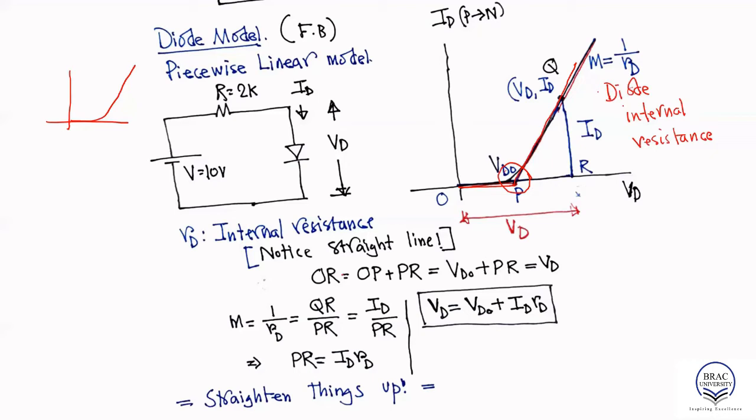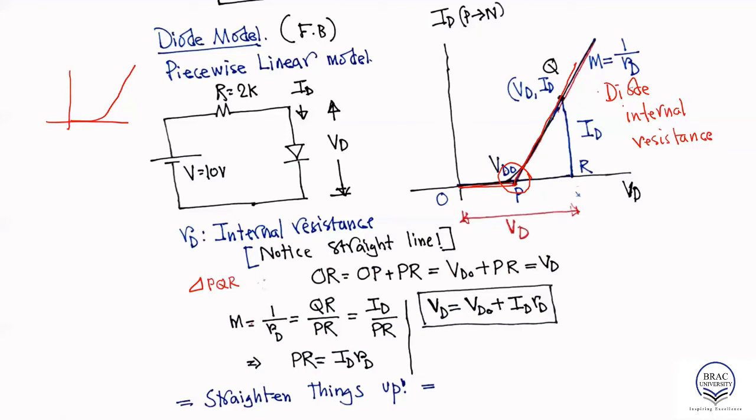Let's do a little bit of geometry, where OR equals OP plus PR, where OP we already learned is VD naught, plus PR, which is our VD, which is OR. And then if you go to this triangle PQR, it is a right angle triangle.